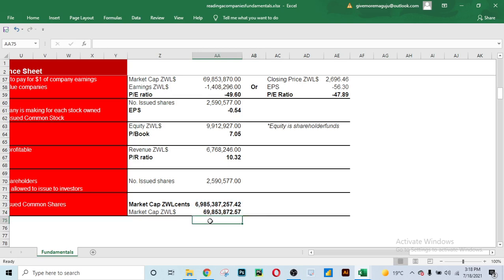So we get back 69,853,872.57, which is our market cap. Let's highlight this. If we compare it here, there's just a small discrepancy, but it's the same, which is great.